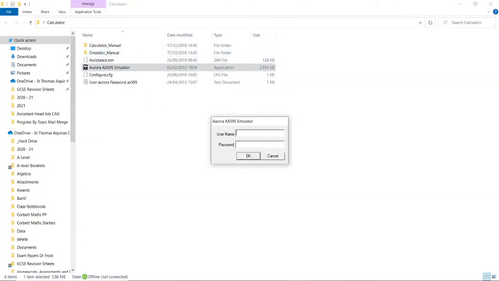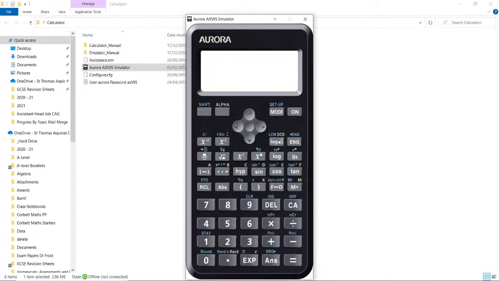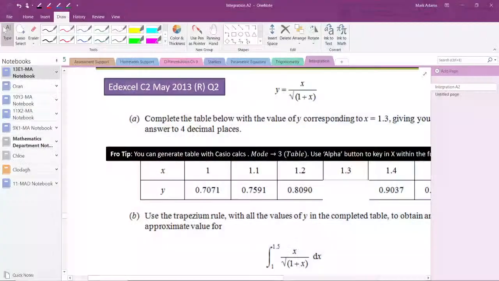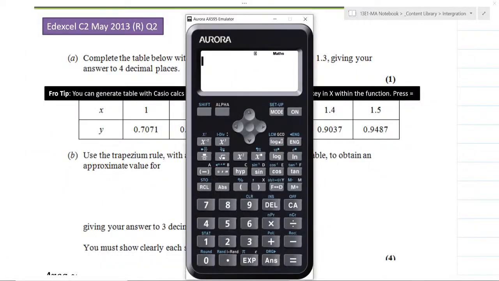I can do it on this. Alright, so on this one, this is the old calculator, isn't it? That's why. It was mode and then 3. So it gives you this. On yours it's menu 9.